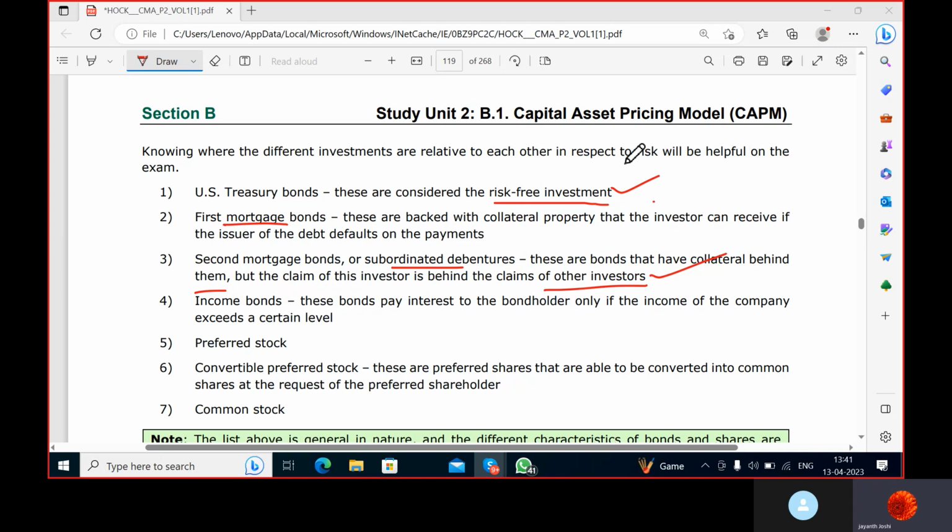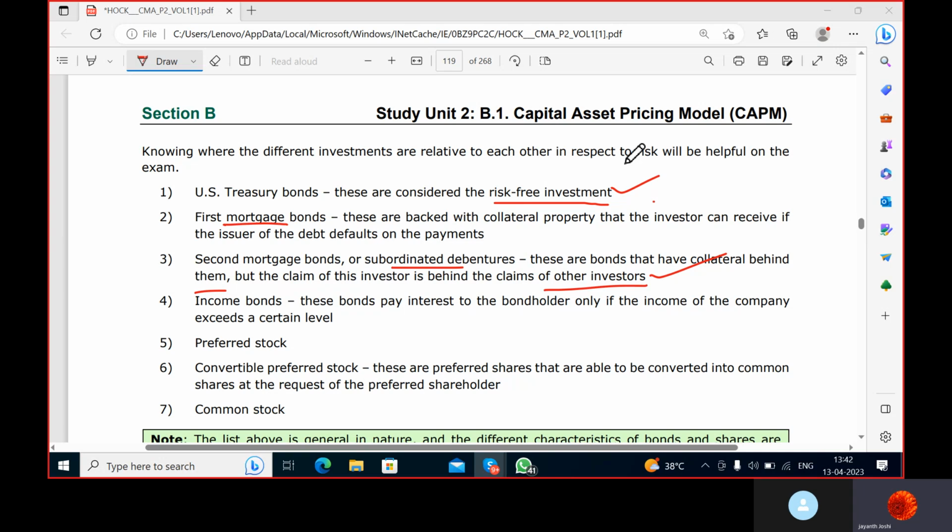This version is wrong, because in a number of data sources this kind of notion is not there. A subordinated debenture itself is an unsecured bond, and I don't know why these people have given this. They don't actually have any collateral.